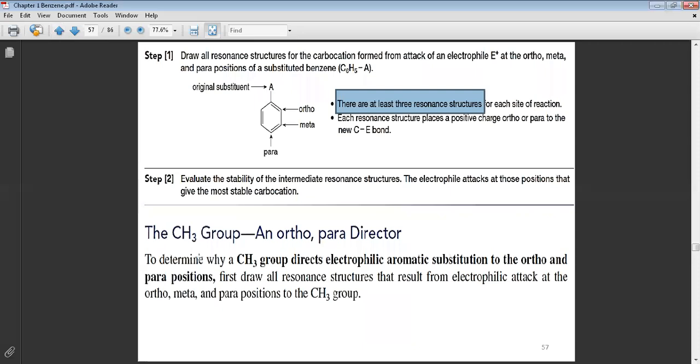The question says, determine why CH3 directs electrophilic aromatic substitution to the ortho and para positions.